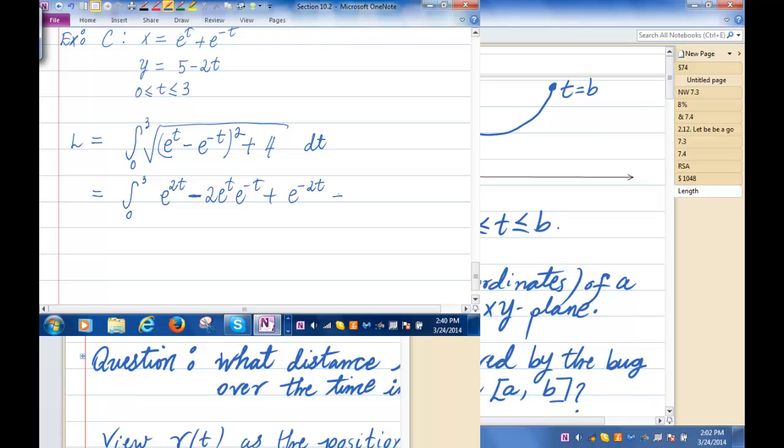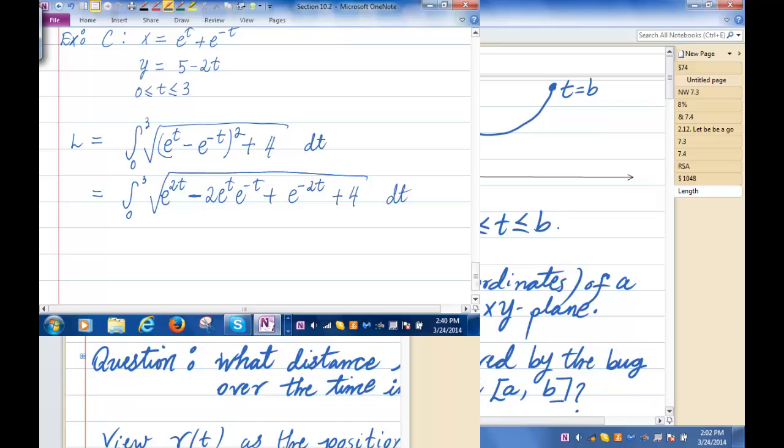You guys agree with that? If I multiply e to the t minus e to the minus t with itself, that's what I should be getting. Are we okay there? Where did I miss? Oh yes, dt, thank you.